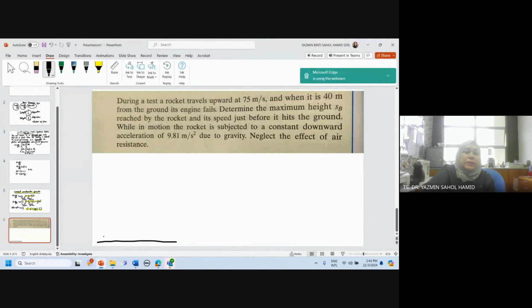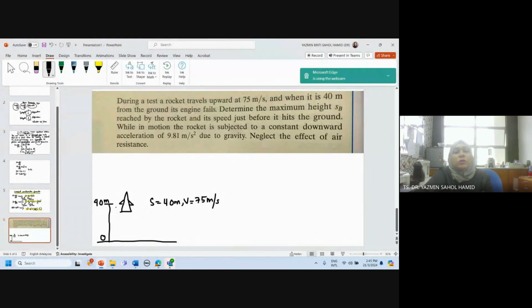Let's say the position here is 0, but when it is at 40 meters above the ground, the rocket has a velocity. And what is the velocity? The position here is 40 meters, and the velocity that it gets is 75 meters per second. It is positive.